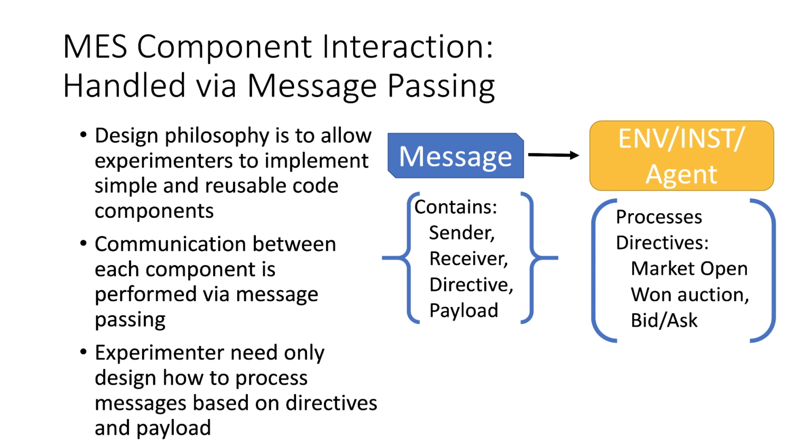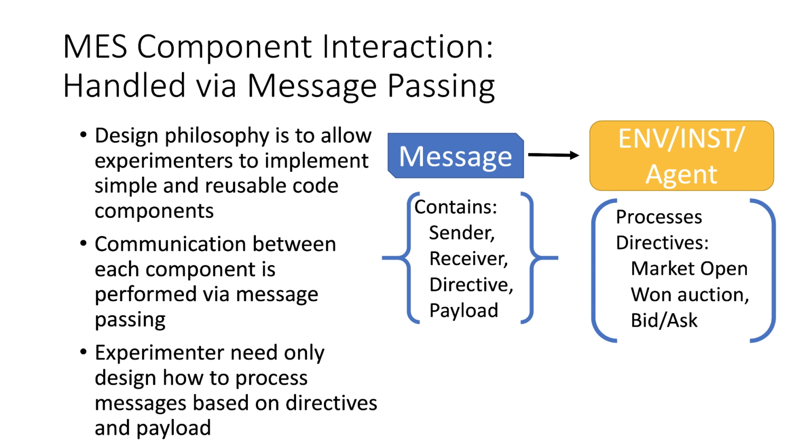Here, the message will contain a limited amount of information. It'll contain information about the sender, who's sending the message, and who's the intended recipient. It'll also have what we call a directive. Directives state what the expected handler for the message is on the receiving component.